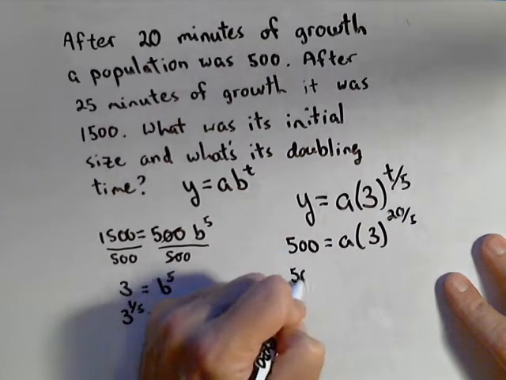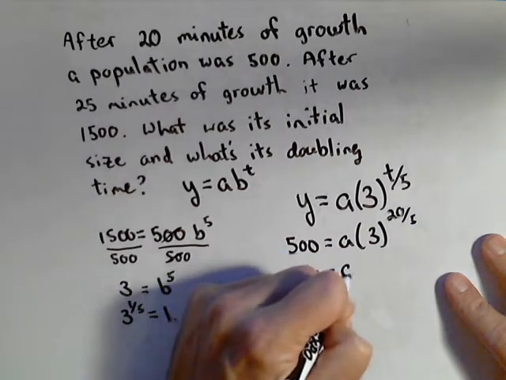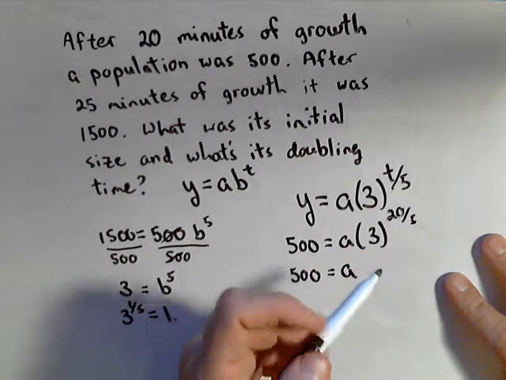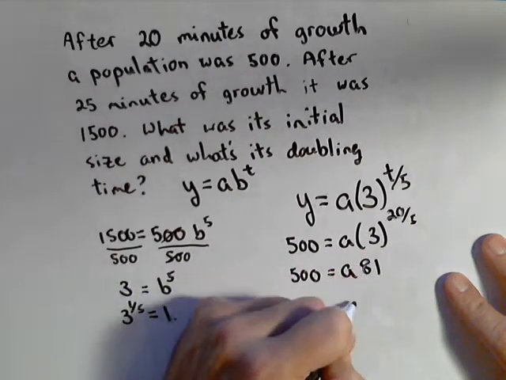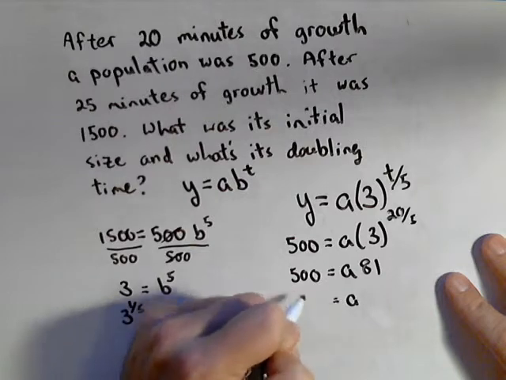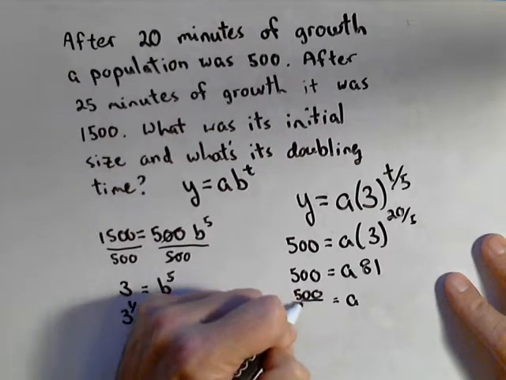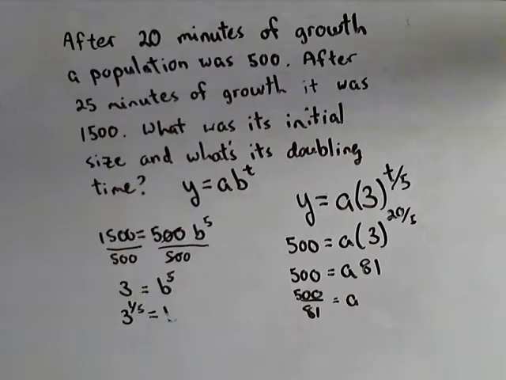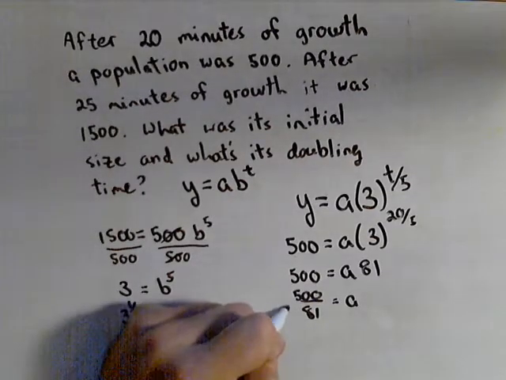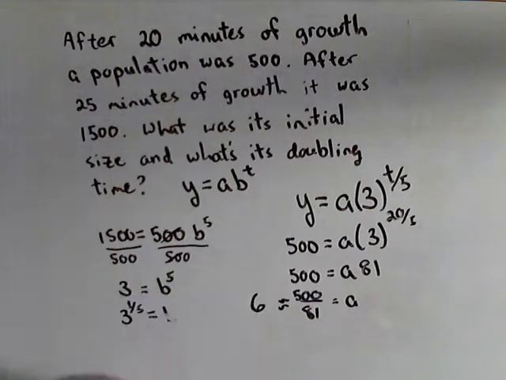So I get 500 equals a times 3 to the 4th, which is 81. So a is approximately 500 over 81, which is about, we'll round this off since we're talking about bacteria, right around 6 bacteria is our initial amount.